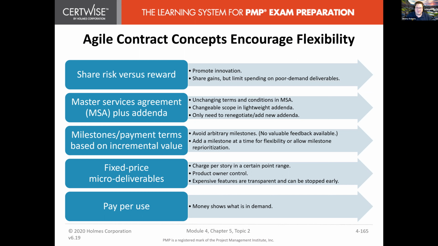A master services agreement plus addenda, or additions onto that contract or agreement. These are kind of like generic, a blanket contract. I don't know if you guys have ever run into one of these.